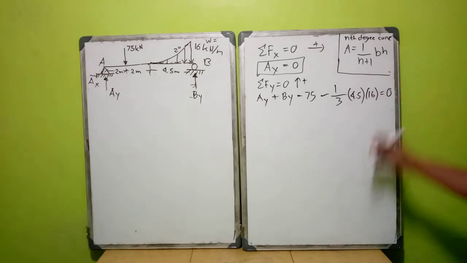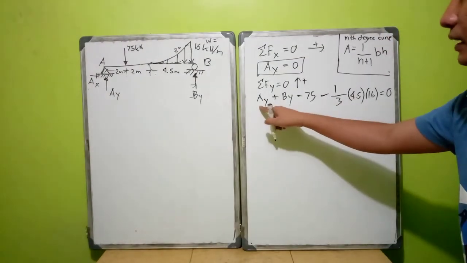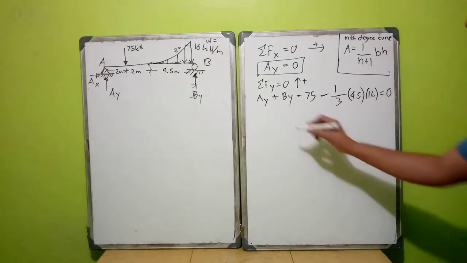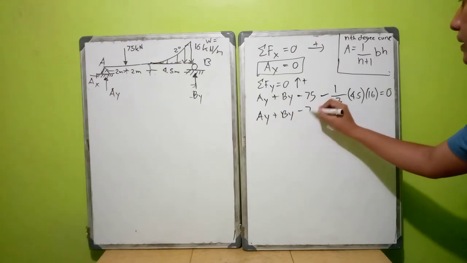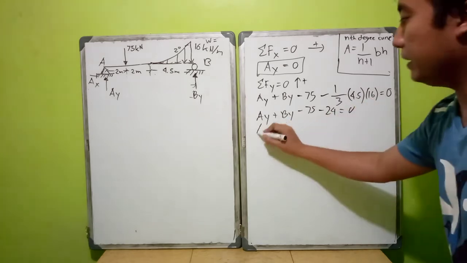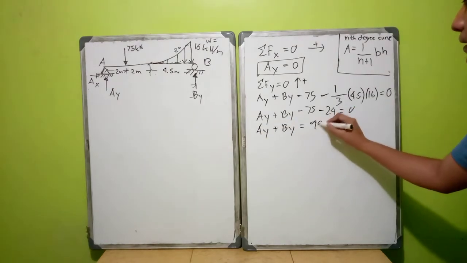That is your area, in kilonewton, 24. So Ay plus By minus 75 minus 24 equals 0, so we have Ay plus By equals 99.